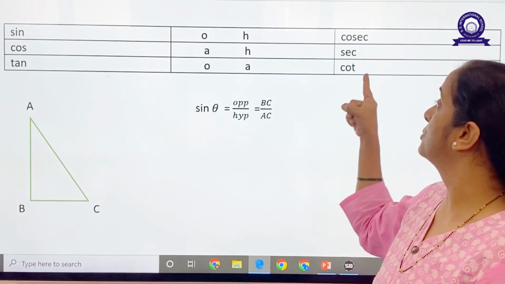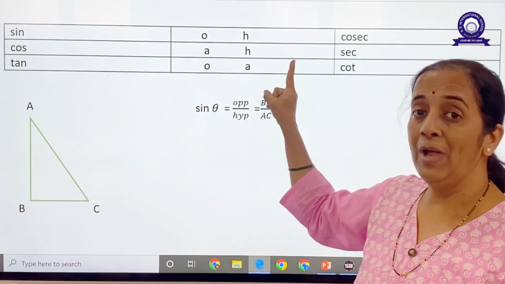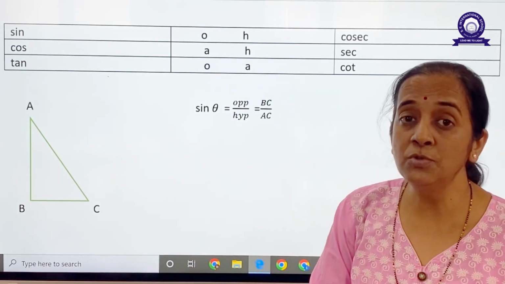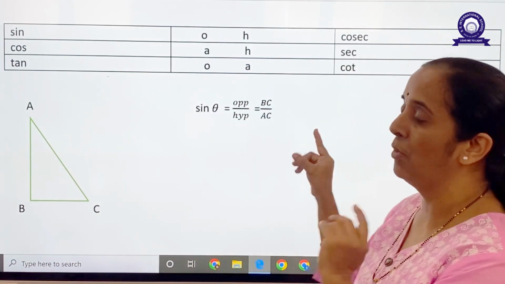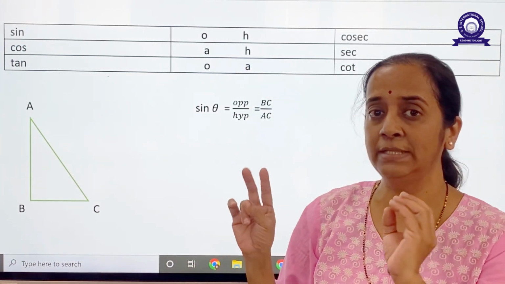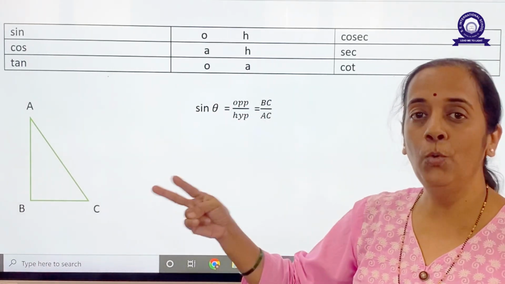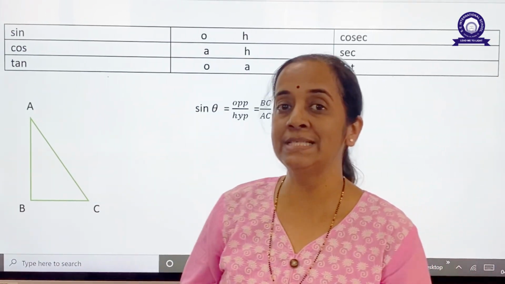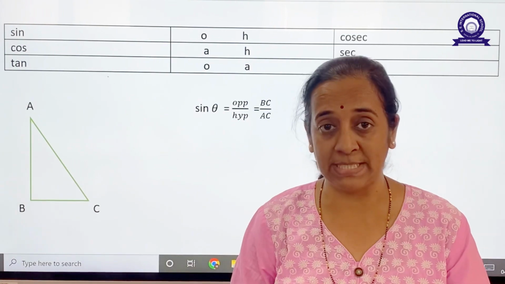Reciprocal of tan ratio is cot ratio, AO. So adjacent side upon opposite side. By using these 3 letter pairs, we can keep in mind all these 6 formula. Which are they? OH, AH, OA. Yes. Let's find out all these 3 ratios, basic 3 ratios within this triangle ABC.